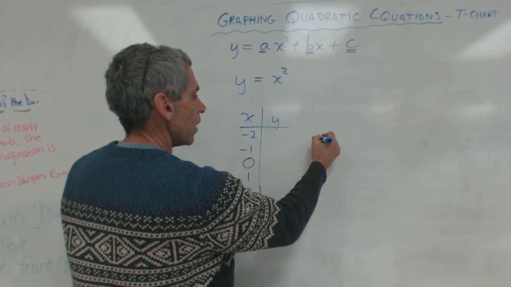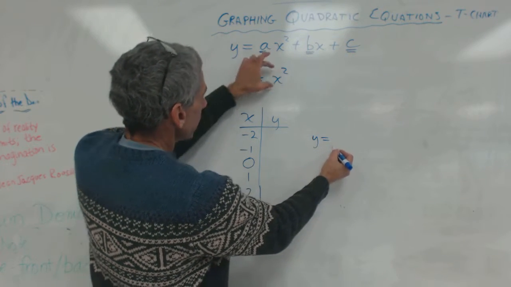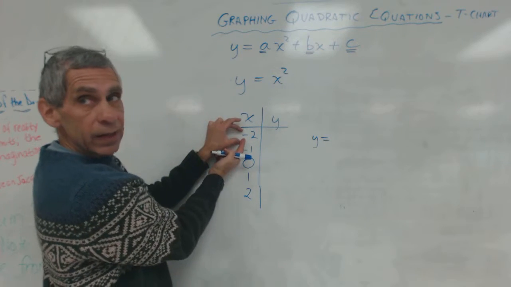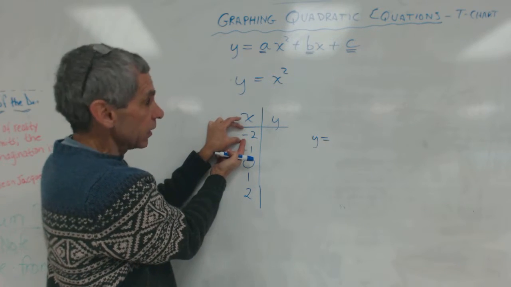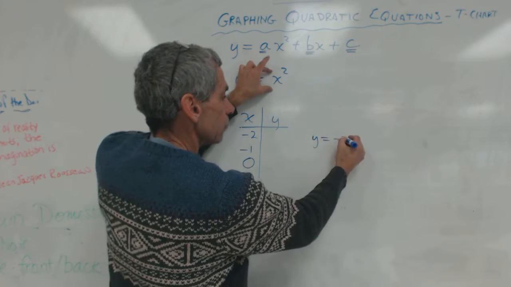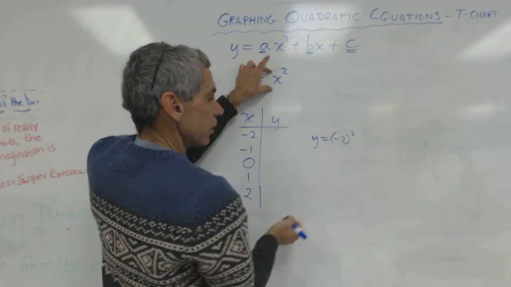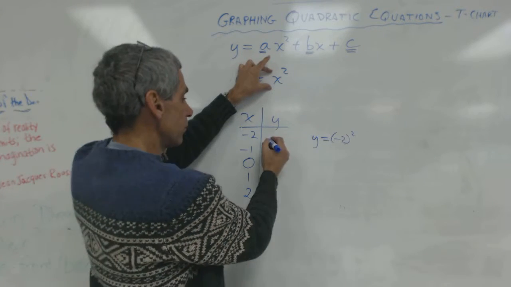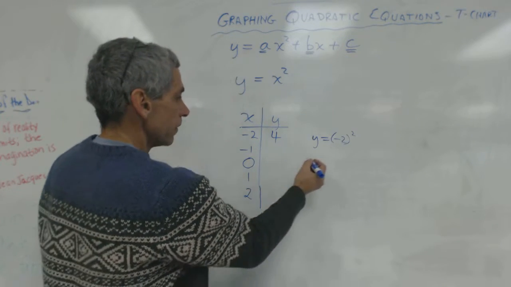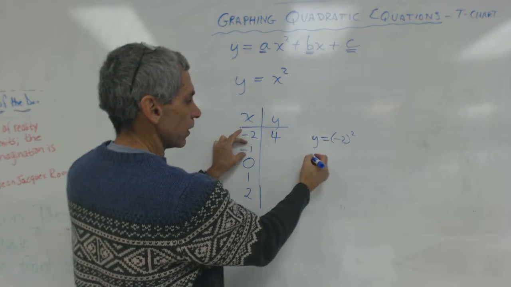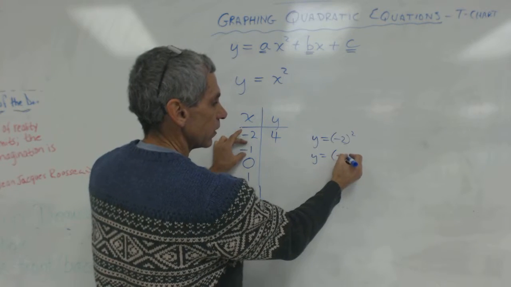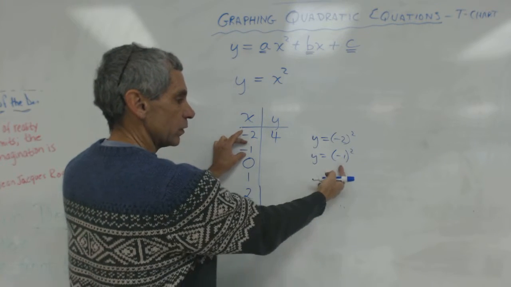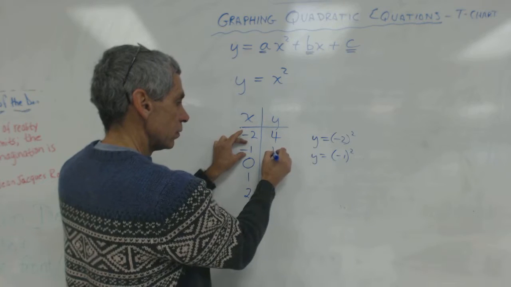So if y is equal to x squared, if x were -2, I would just put in -2 squared. What's -2 times -2? 4. Positive 4. Okay, good. If x were -1, I would put y is equal to -1 squared. What's -1 times -1? 1.